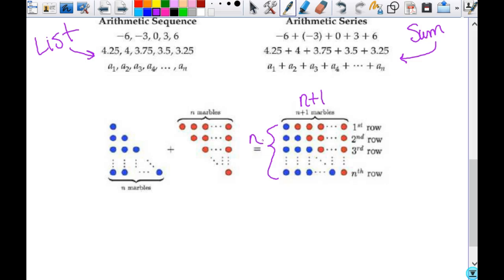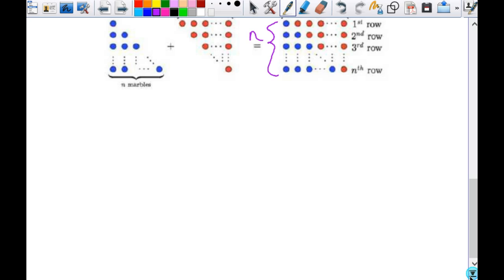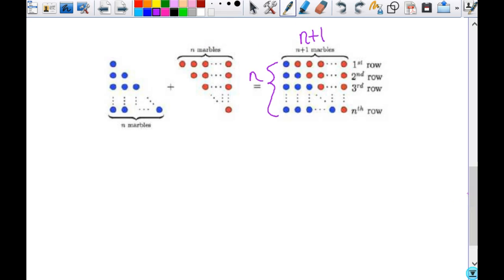So if I multiply n, the sum that I'm looking for, what he did was 100 times 101, because that was his n and his n plus 1. But is that going to be the right sum?